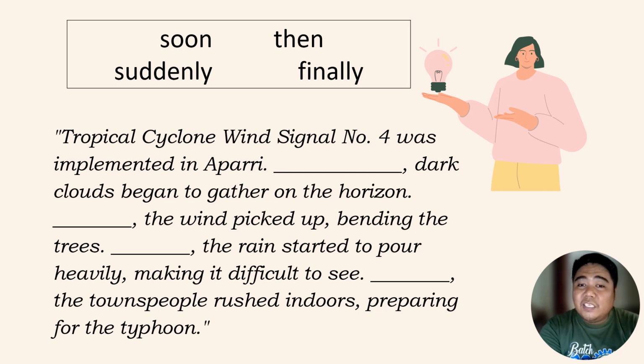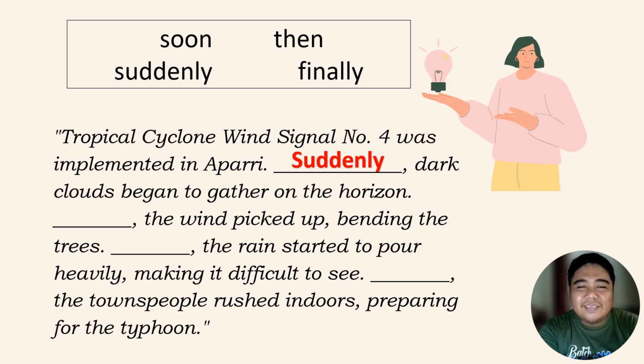Tropical cyclone wind signal number 4 was implemented in Apari. What is the appropriate word that we should put in the first blank? Okay, the correct answer is "suddenly."